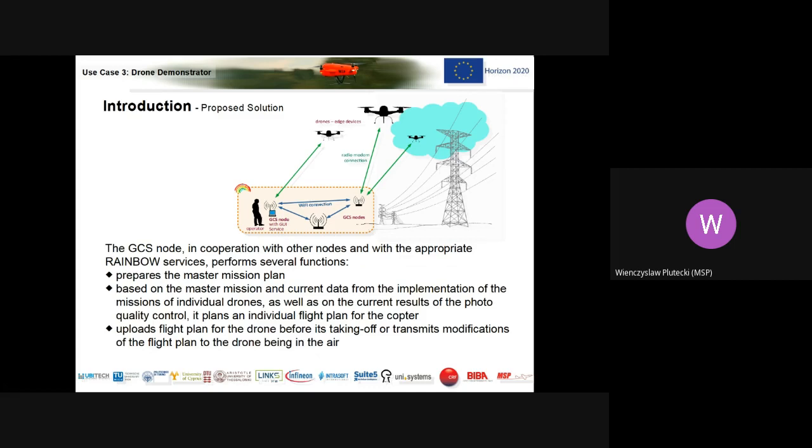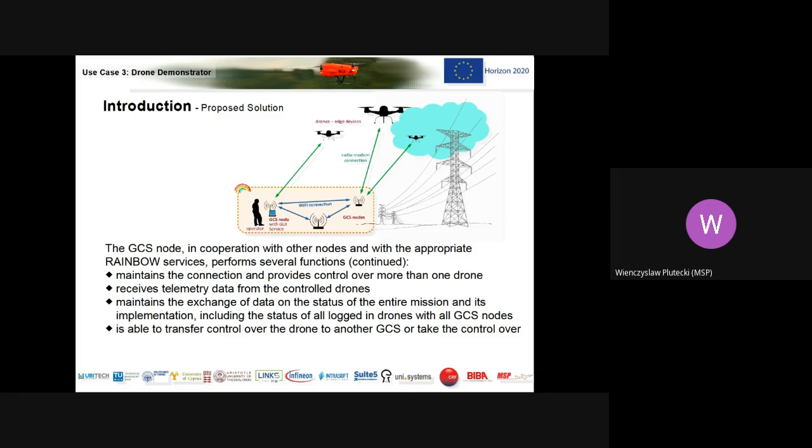The ground control station uploads flight plans to drones before takeoff and transmits modifications of the flight plan to the drone which is in the air, so it keeps constant supervision of the flying drone during the mission. It maintains the connection with the drones and provides control over more than one drone, receives telemetry data from the controlled drones, and maintains the exchange of data on the status of the entire mission and its implementation, including the status of all drones currently logged in.